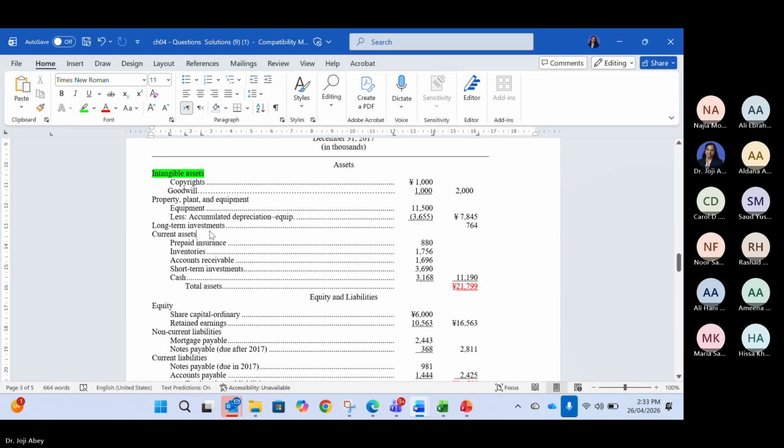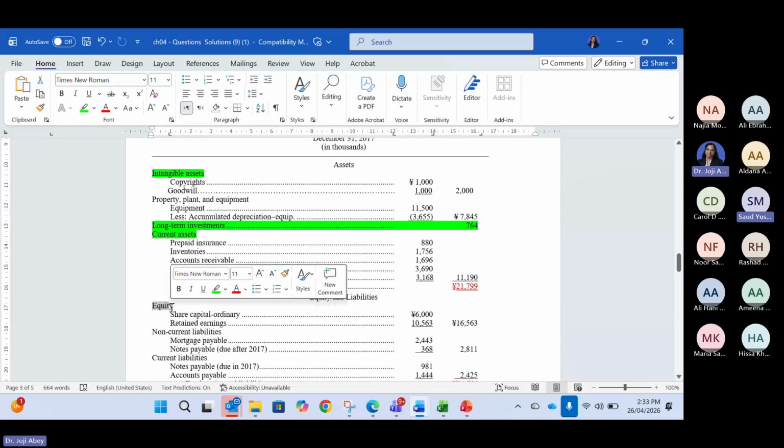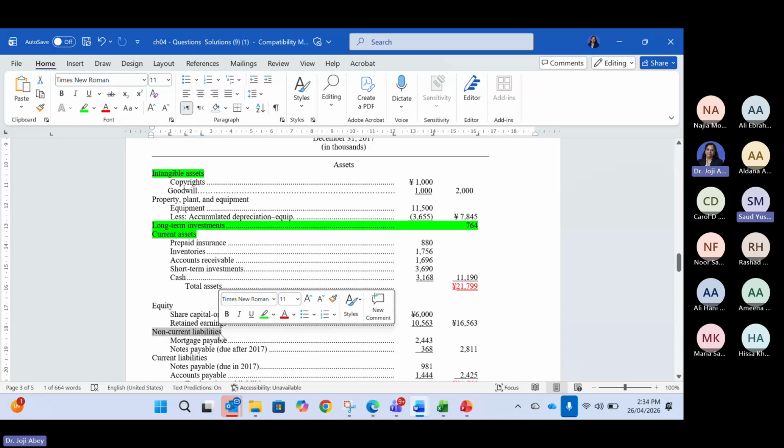Then current asset is given, then long-term investment. Then equity. First you start with your equity, then non-current liabilities and current liabilities.